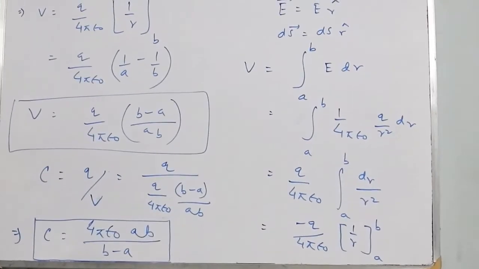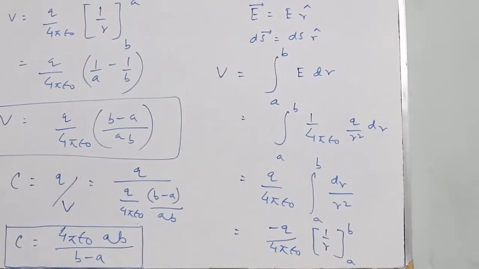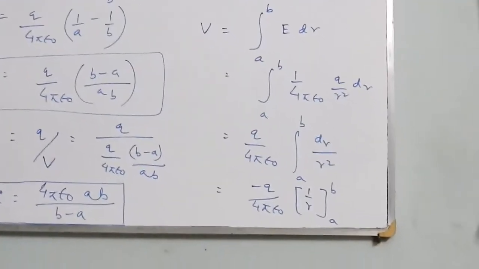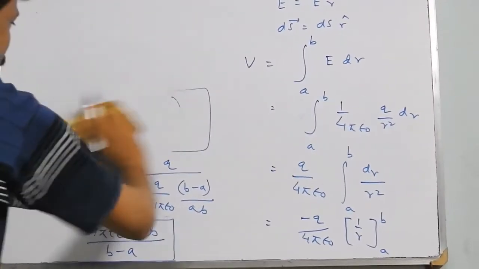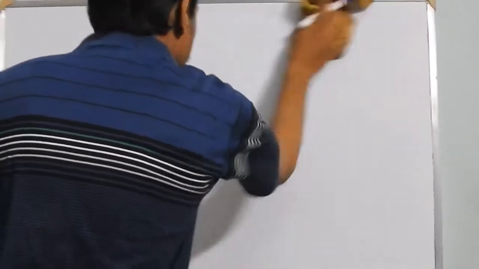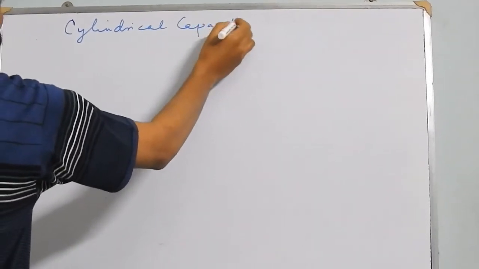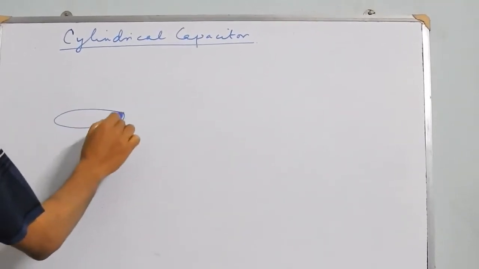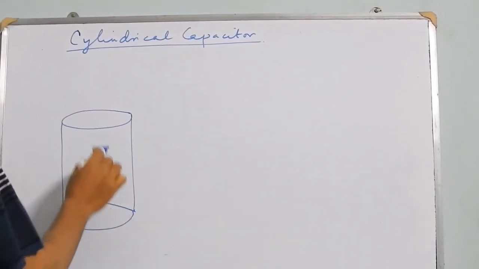Next, we shall derive or obtain a relationship for the capacitance of a cylindrical capacitor. Similar to the discussion of a spherical capacitor, a cylindrical capacitor will also consist of a solid inner cylinder and a coaxial outer cylindrical shell.